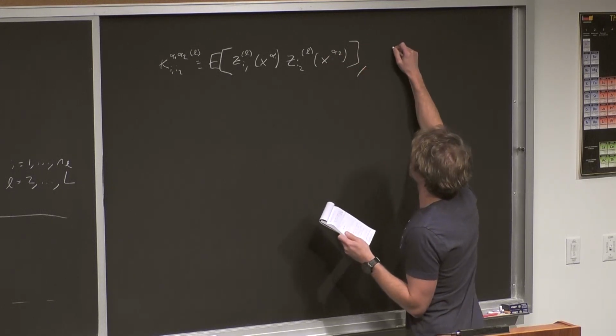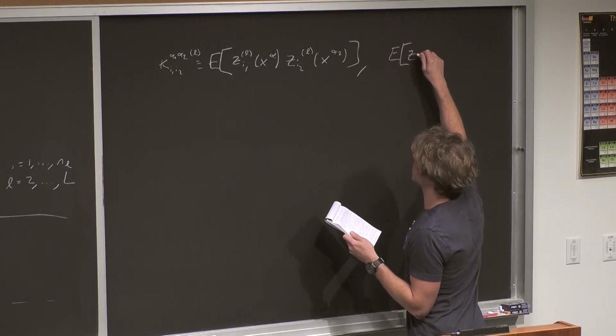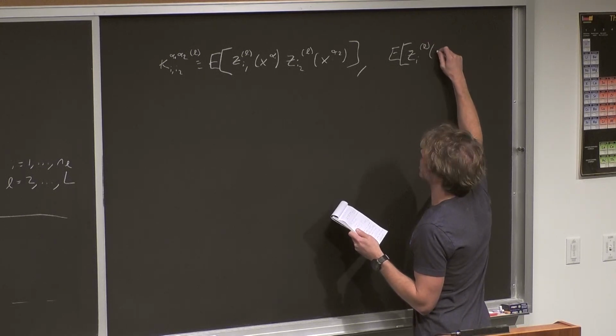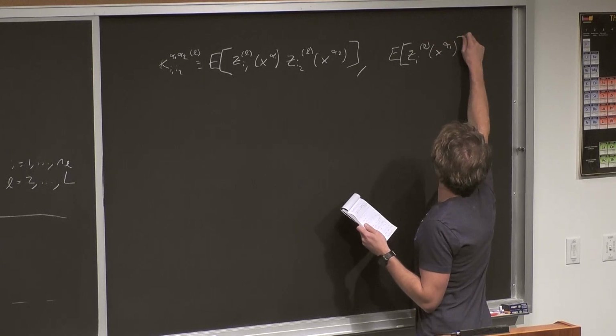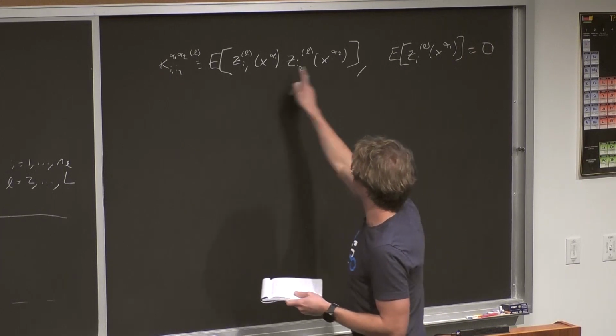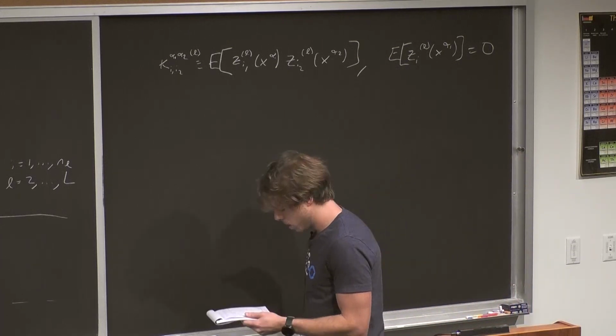First, it's easy to see that the one-point functions on a single input will vanish. So the first non-trivial object is this object K, which is this two-point function between pre-activations.